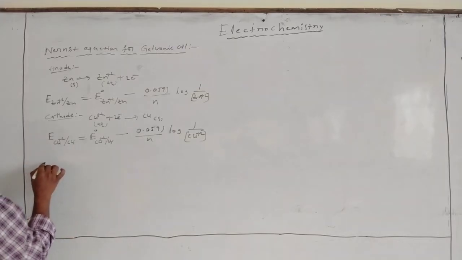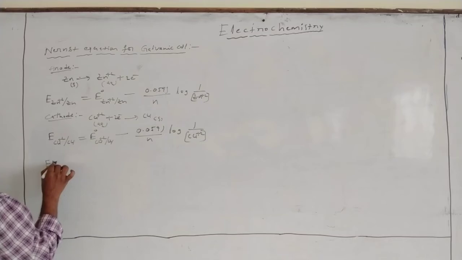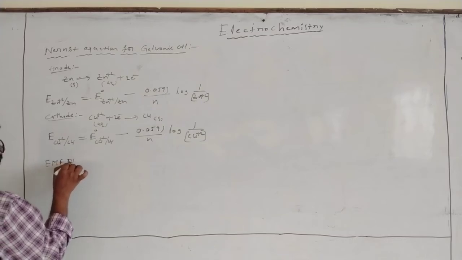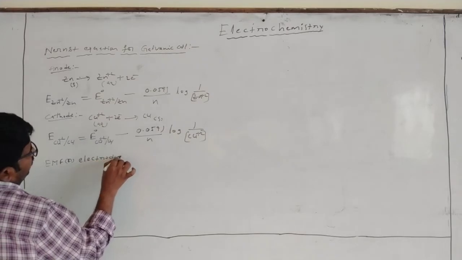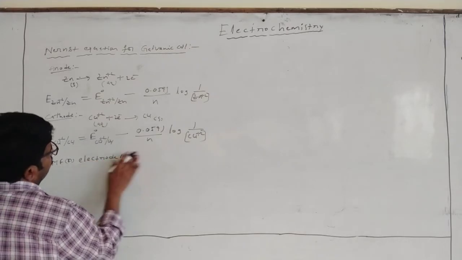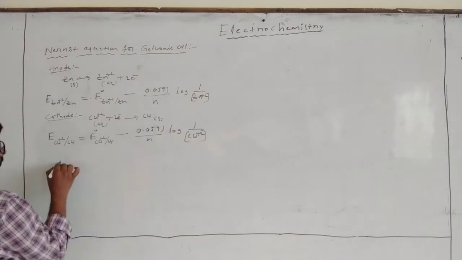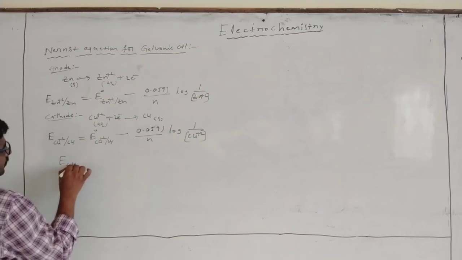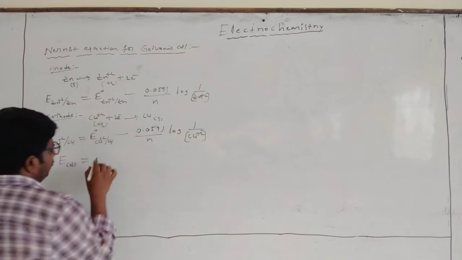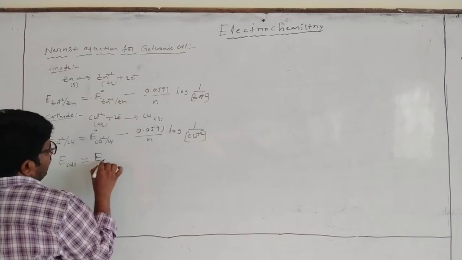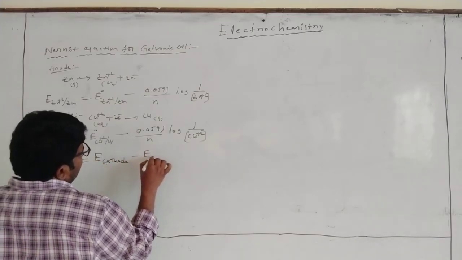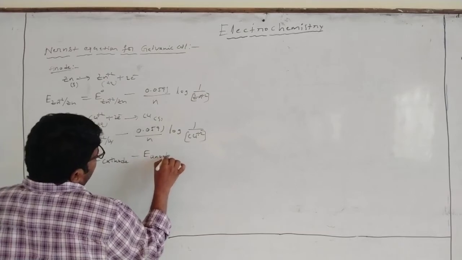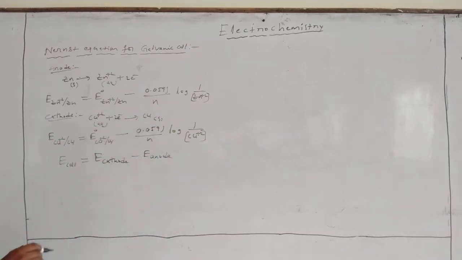You know the electrode potential, EMF. So you can write E cell is equal to E cathode minus E anode.